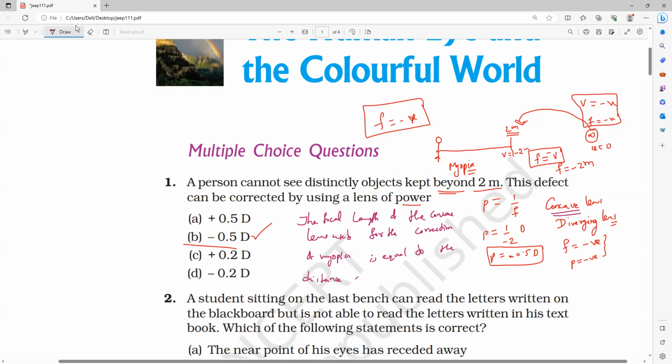Far point or near point? Yes, far point of the normal eye or the myopic eye?